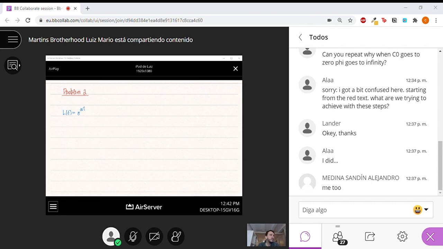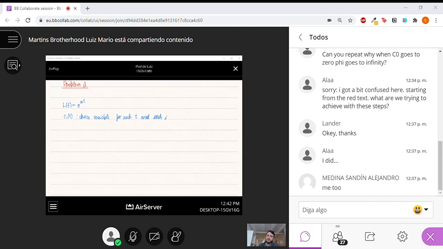In each time period, the household chooses CIT, that's the choice variable, for each T and each I. Okay, so the household is also choosing how to choose differently for each household member.